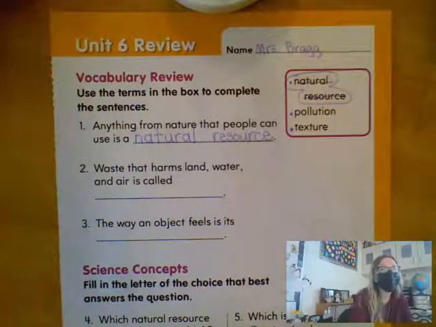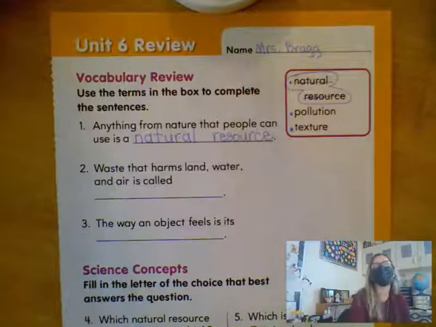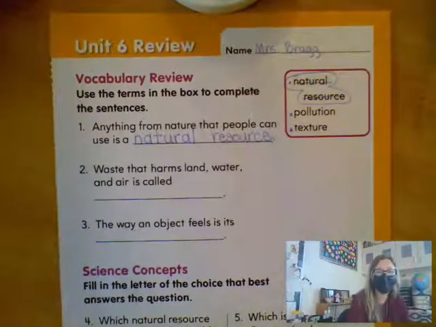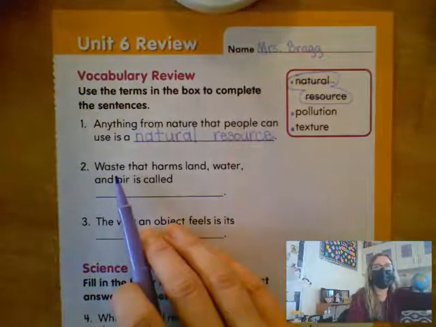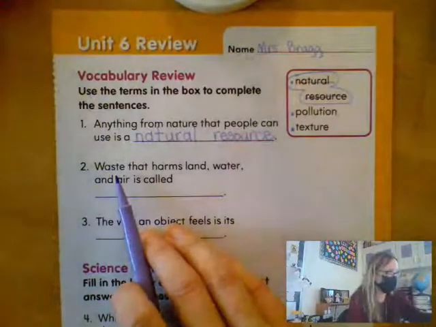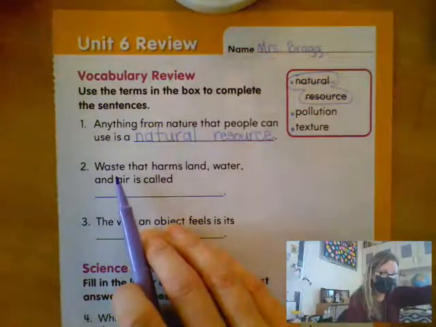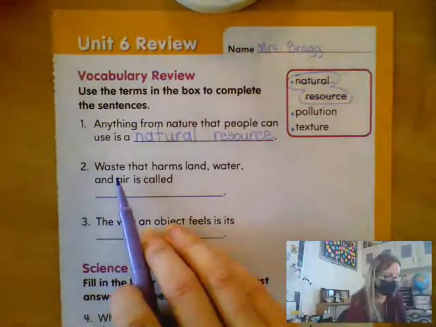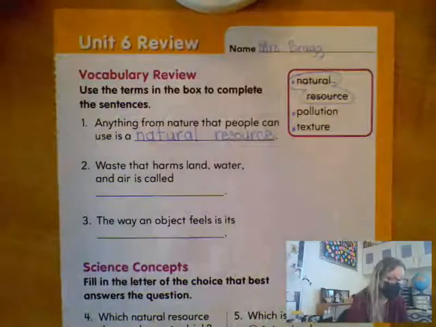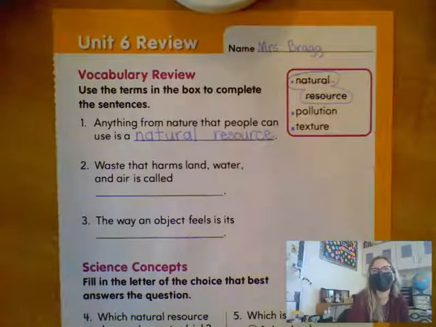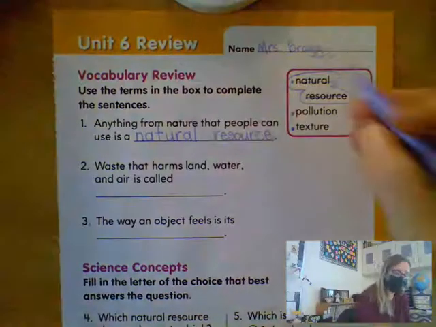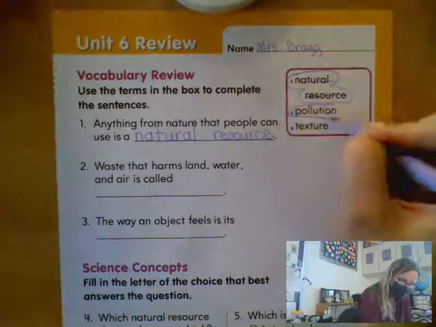Who would like to read number 2 on our review? Nice and loud for me, Austin. Waste that harms land, water, and air is called... Is that called pollution or texture? Pollution. You got it. They're going right in order today. So now we're going to write this word pollution on the line.